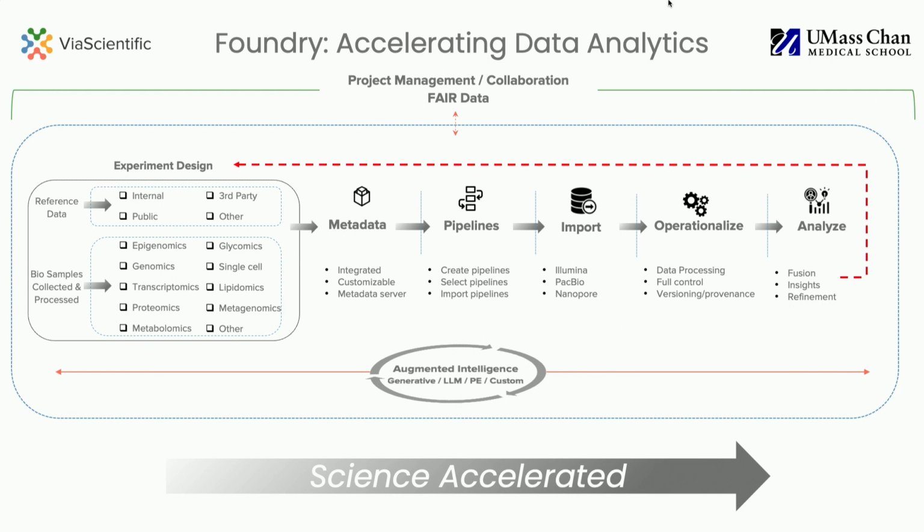So when you add any data into the metadata tracking system and add your files, it can automatically go from beginning to end and give you some template files, and then you can do your downstream analysis using third-party tools, or you can create your own tools and add them into the system.